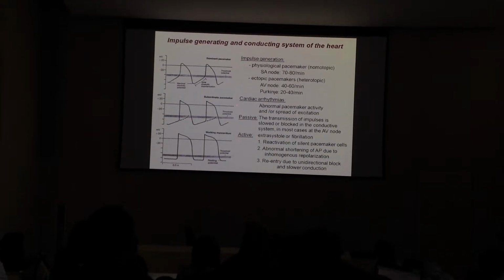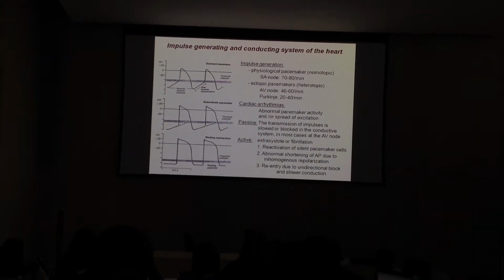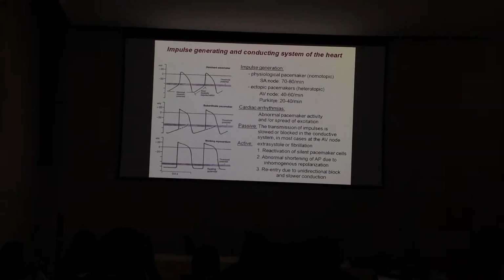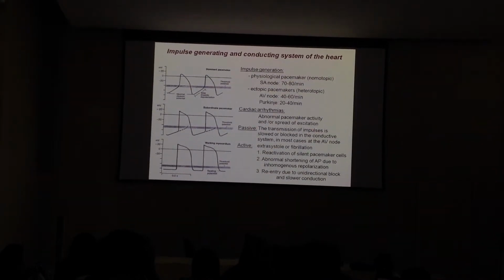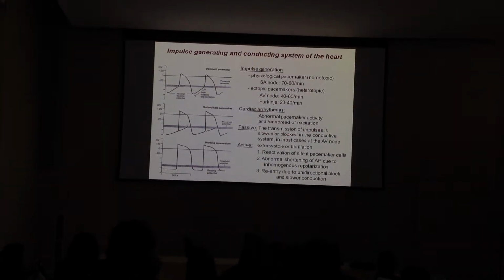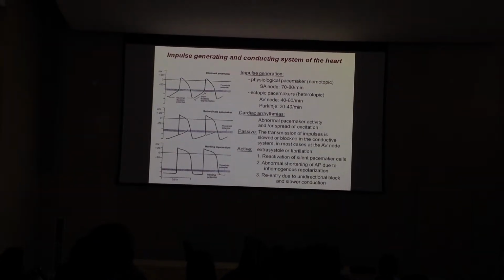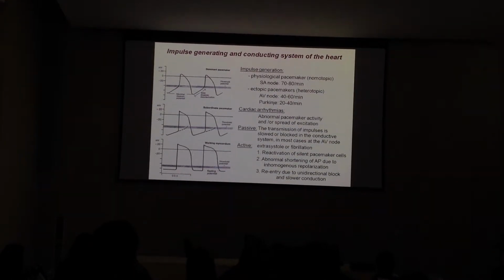These belong to the active cardiac arrhythmias. The other group is the passive, when everything is suppressed and the impulse generation or the transmission of the impulses is blocked and cannot cross the AV node.